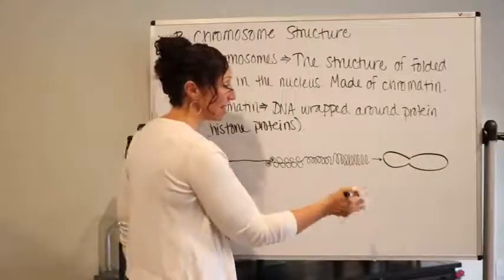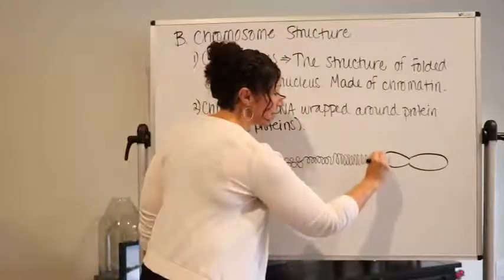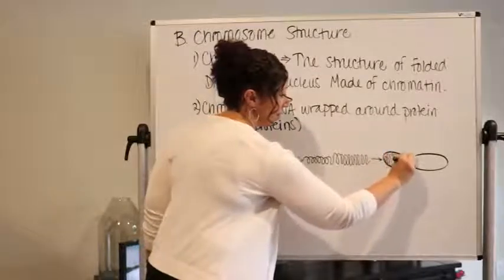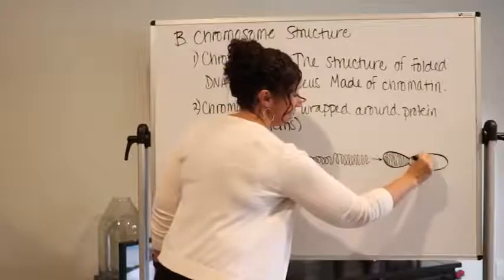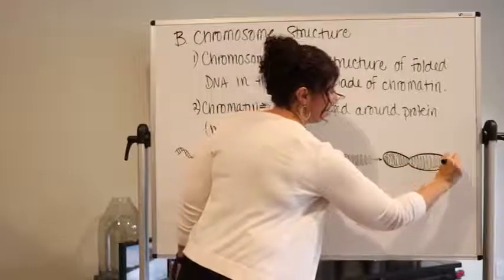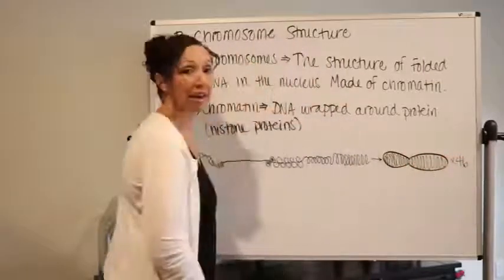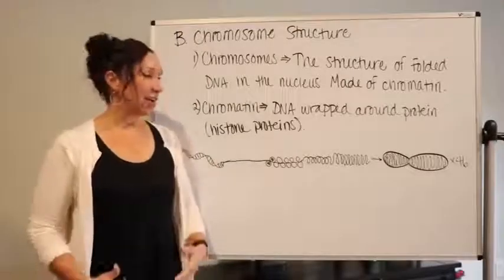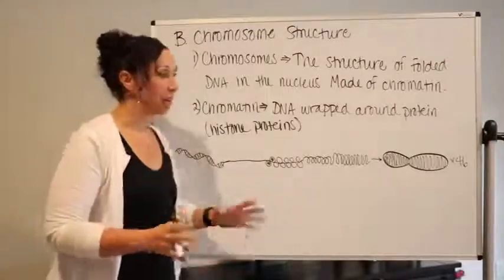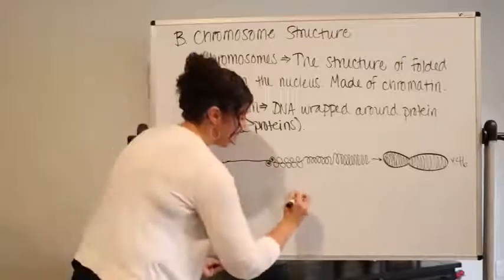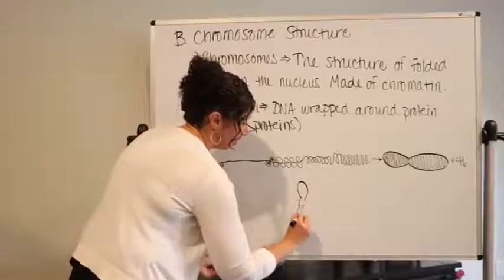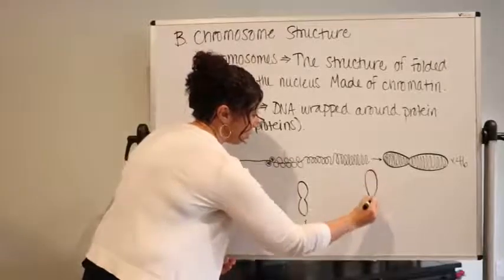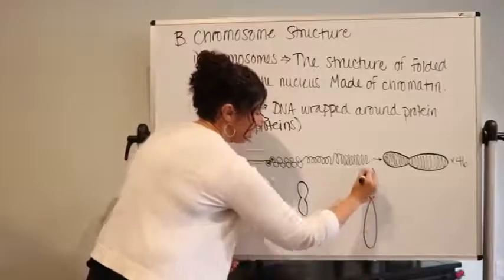What's actually inside this chromosome is all this tightly wound DNA that's compacted in there. And you have 46 of these inside your cell, in your somatic cells. They're all kind of shaped like that. And if you were to look, you have chromosome 1, which is really big, down to chromosome 22, which is really small.